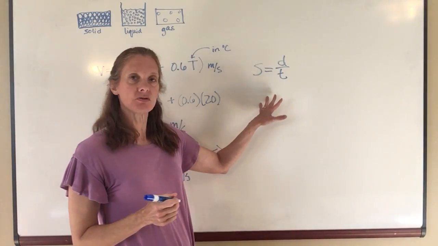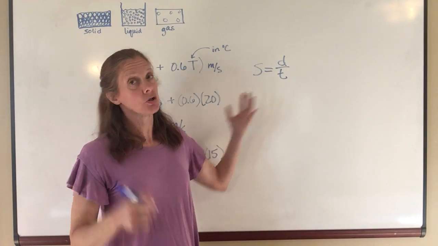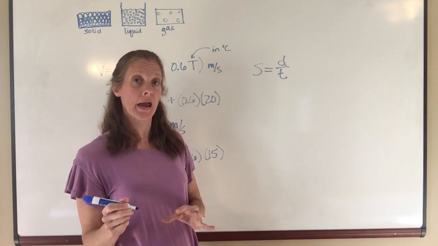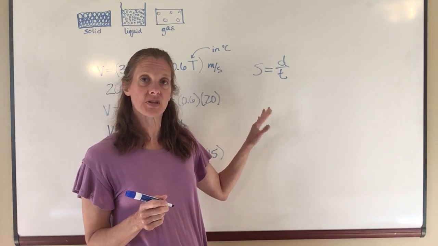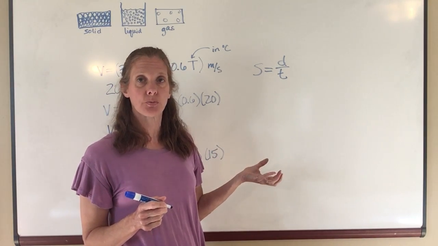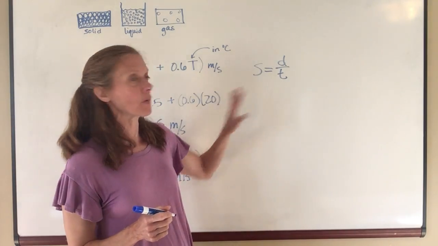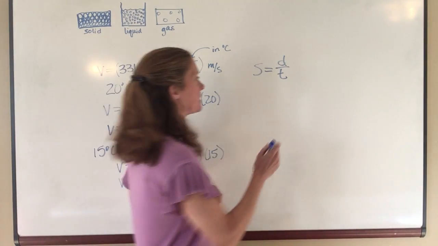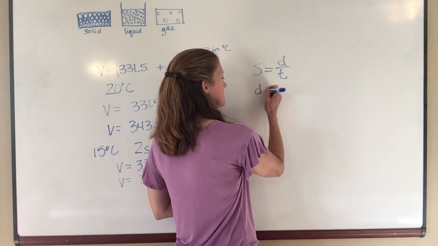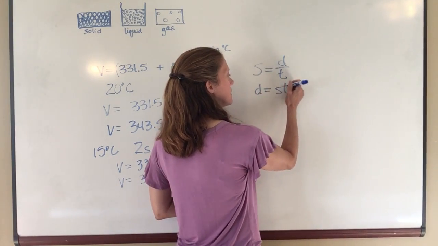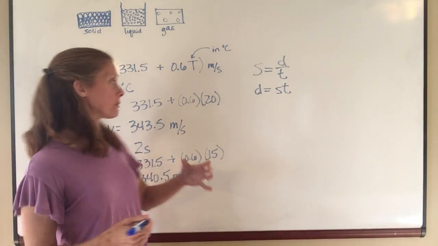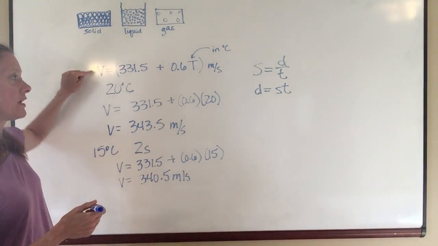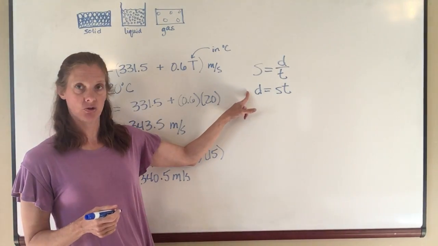And so if I use some algebra and rearrange this equation, and you may not know algebra yet, and that's okay, because I'm just going to give you the new equation, and so you just need to write that new equation down on your card so that you'll be able to use it on your test. So I'm going to rearrange this equation, and what that means then is that distance equals the speed times the time. So to solve these thunder and lightning problems, you want to make sure you have this equation written down.